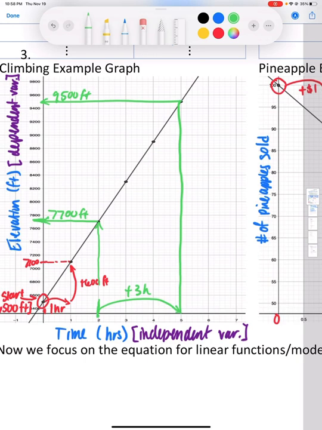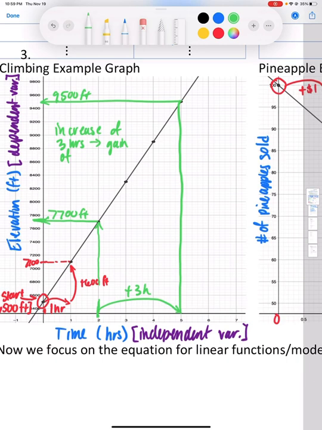So the increase in 3 hours was a gain of 95 minus 7,700.